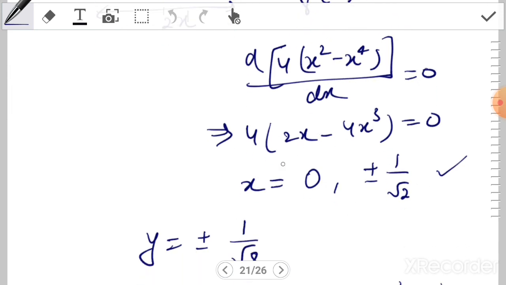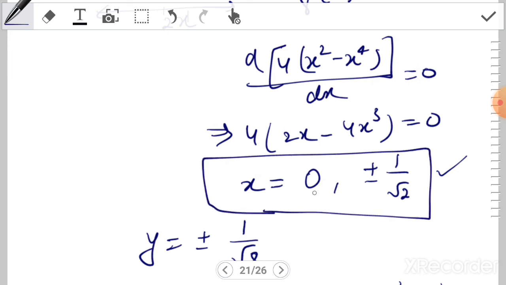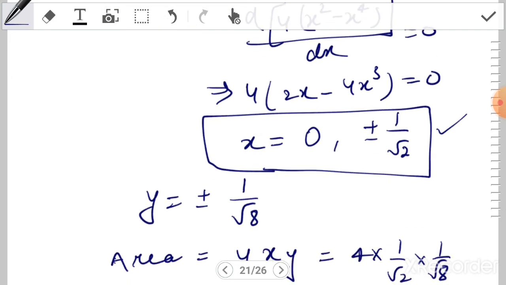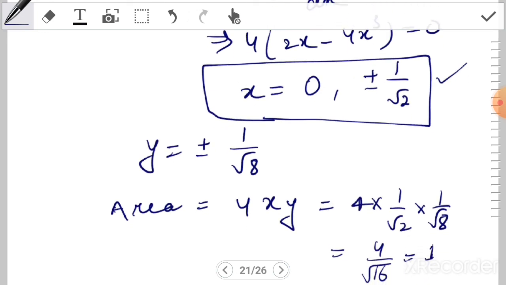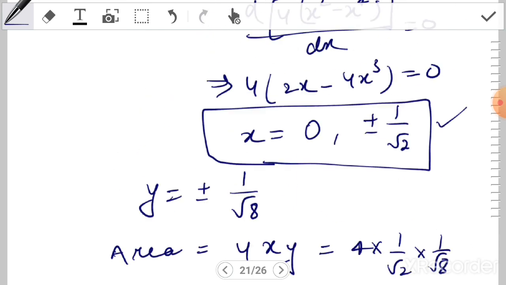Why? Because this is clear from the values itself that 0 cannot be the value to maximize. In order to maximize the area, we cannot take x equal to 0, and we cannot take minus 1 by root 2 as well. So yes, that is why the answer was direct.